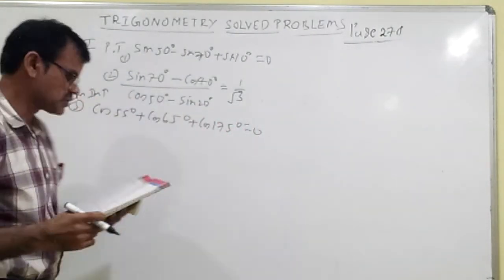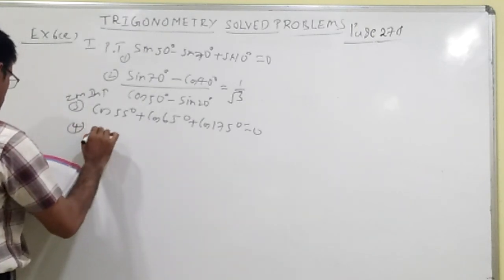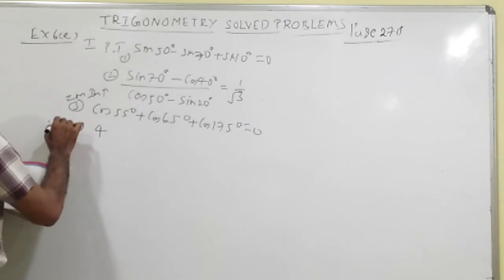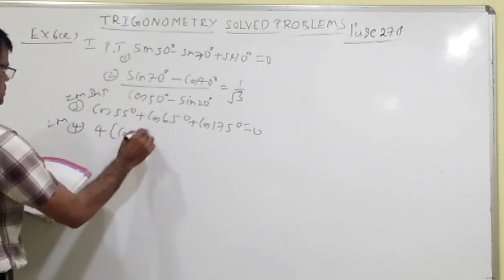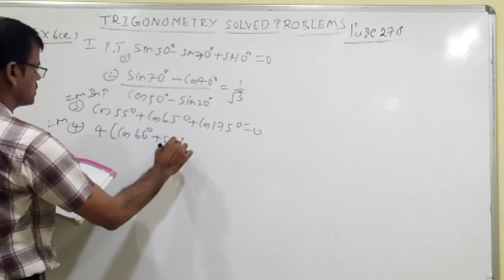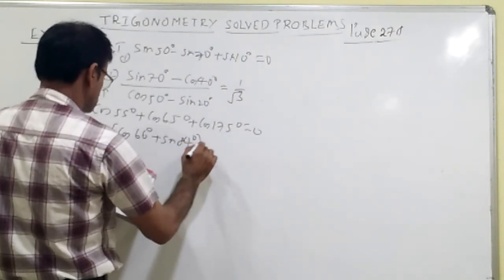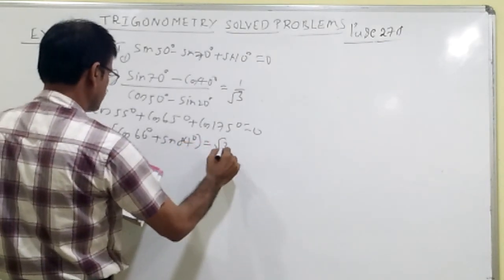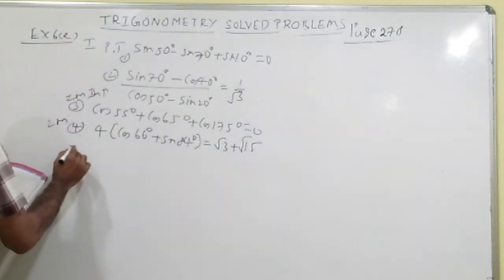To do all the sums, you need to remember the formula. Next, prove that, this is also a 2 marks IMP question: 4 into cos 66 degrees plus sin 84 degrees equal to root 3 plus root 15.